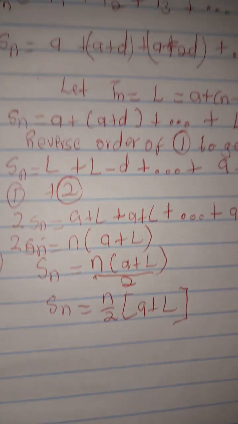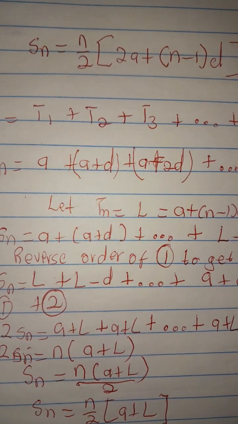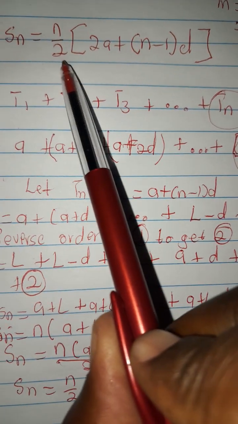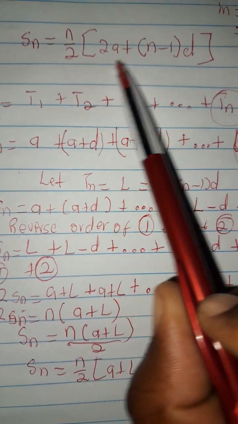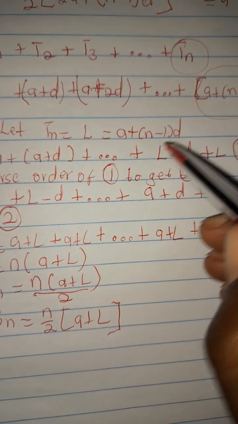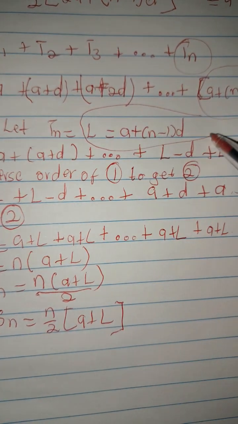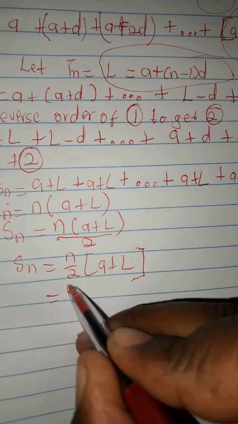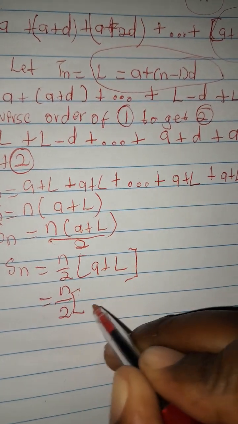We are not done. Remember, they wanted us to prove that Sn equals n all over 2, times 2A plus n minus 1 D. We go back there. Remember, our L, we said that L is A plus n minus 1 D. So where we see L, we substitute with that.